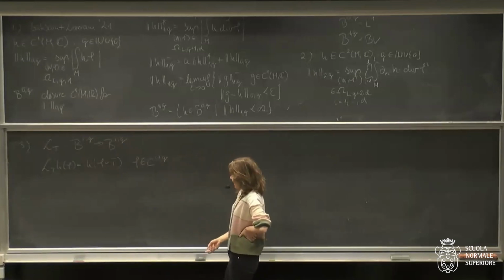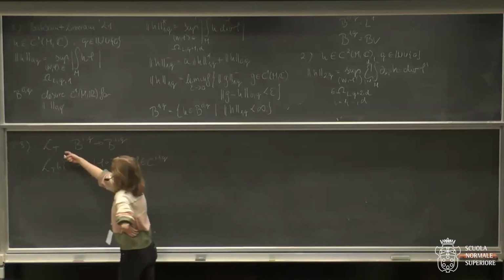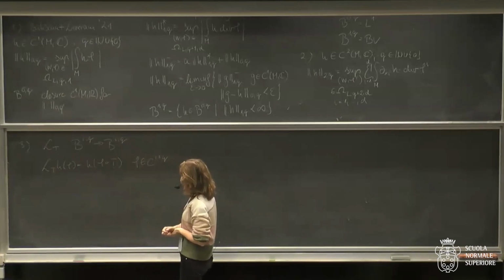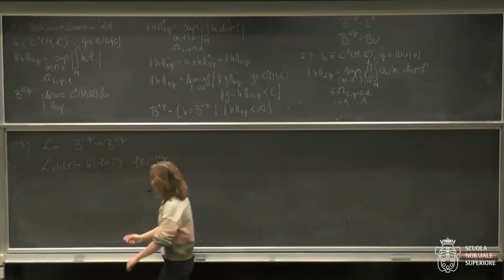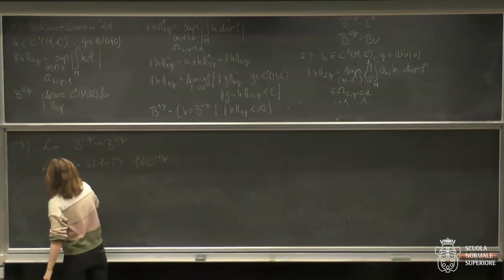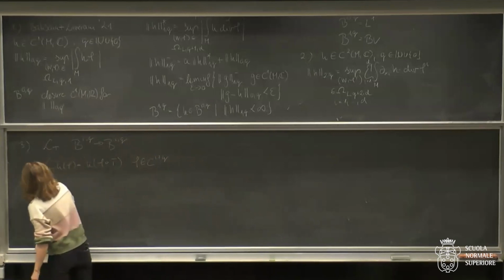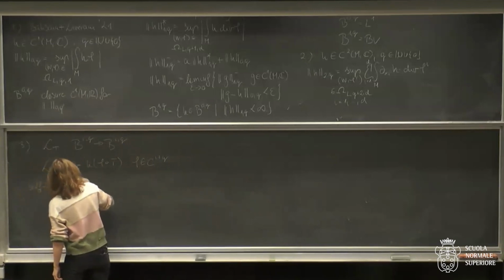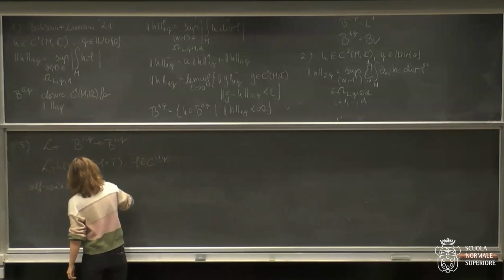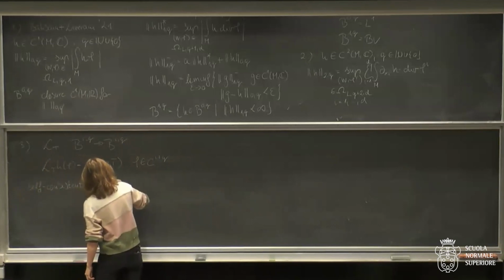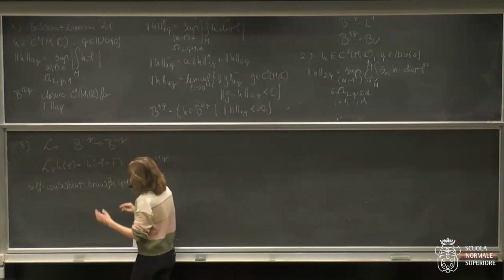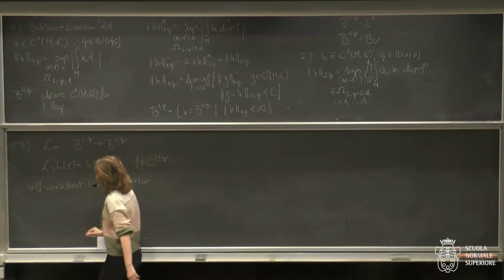So I can do this for the map T, but what I actually want to define is not this, but the so-called self-consistent transfer operator, which is going to describe the self-consistent evolution.